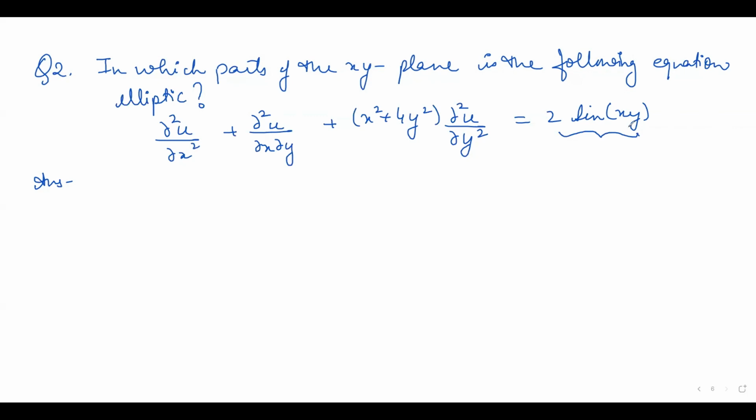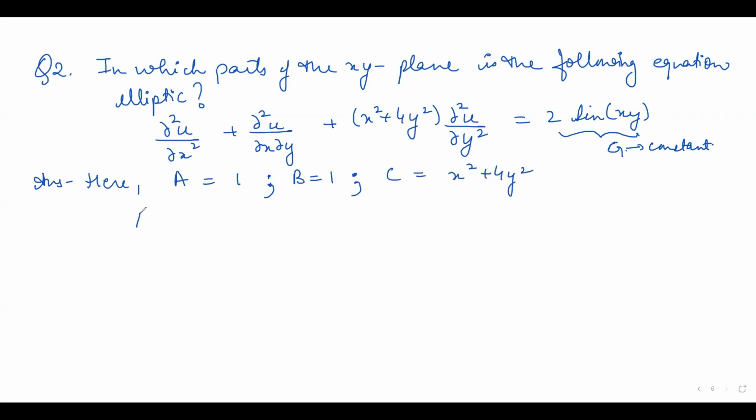You can take it on the left side and that would become your F, or sorry, this is your g, just a constant. So this is a constant value, right? So that again is a function of g. Now here we need to consider only a, b, c. So a is 1, b is also 1, and c is x square plus 4y square.